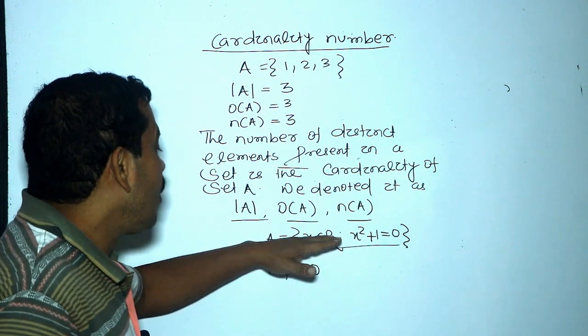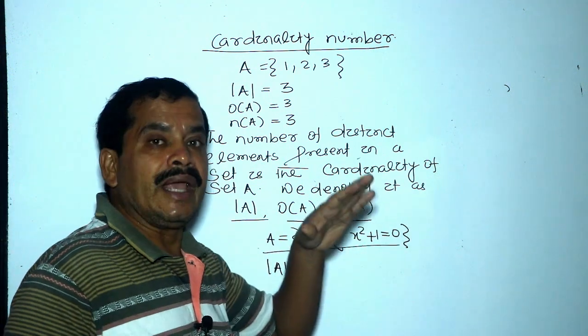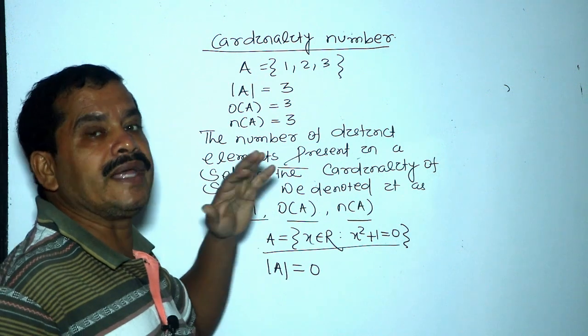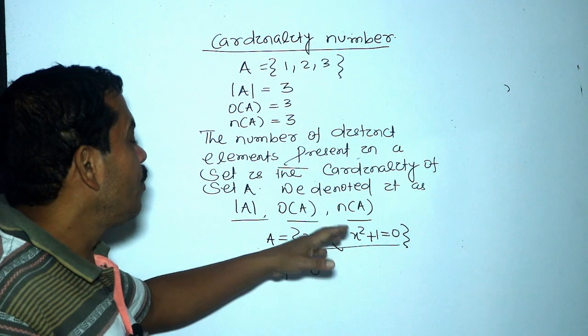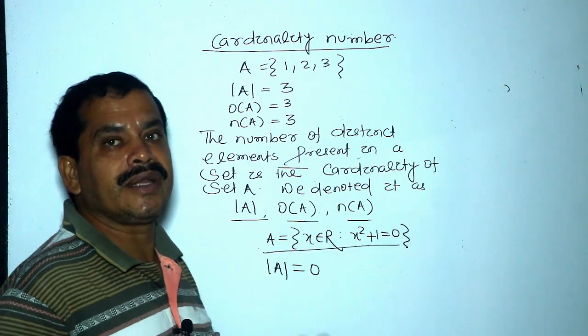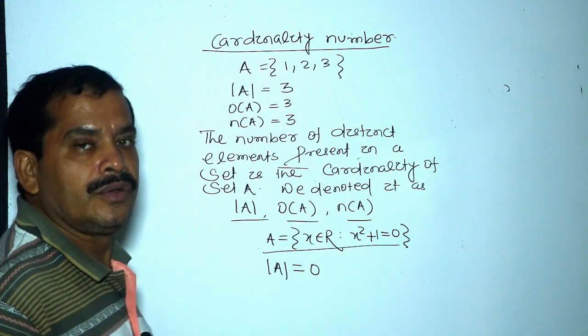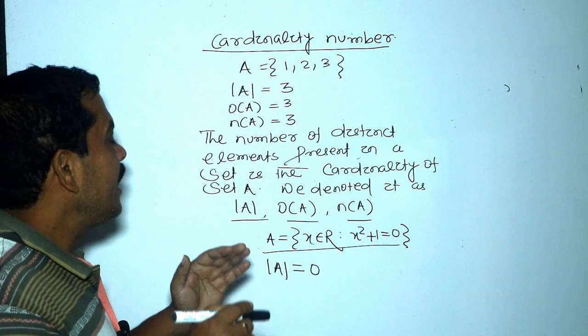So the number of elements of this set is null, meaning A is an empty set. So A is a phi set. So the cardinality of set A is 0, so |A| is 0, meaning the number of elements in set A is 0.